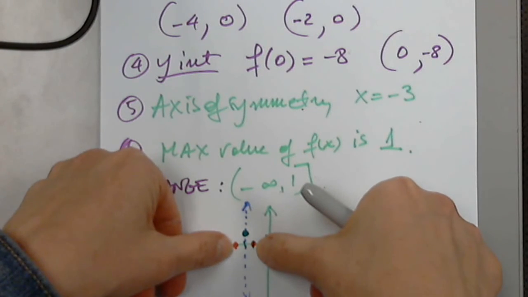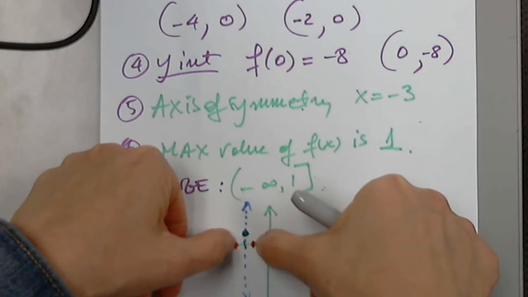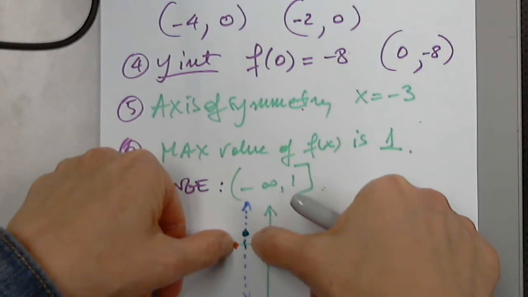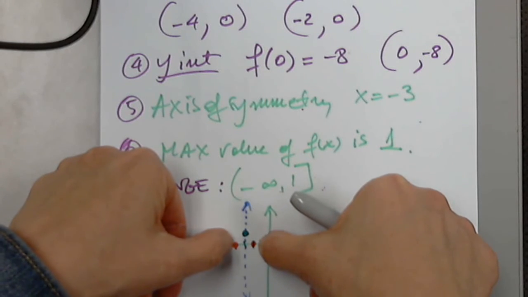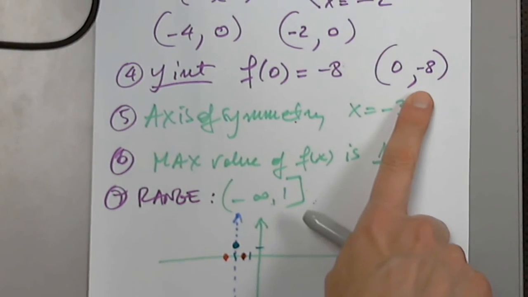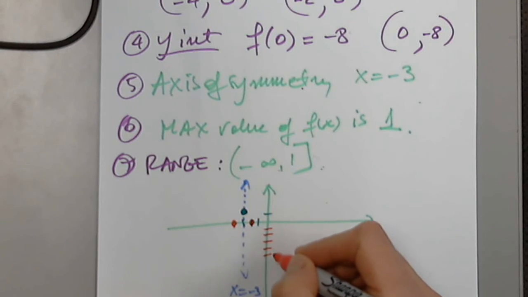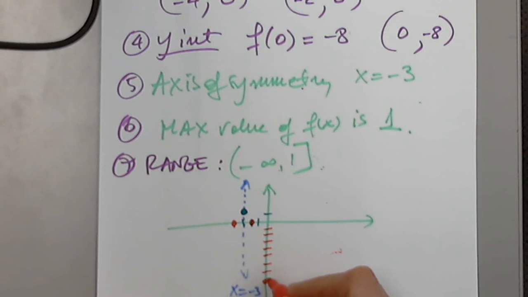Notice that I would have had a mistake here if these two were not symmetric. If this were, for example, at -1 and this one at -4, I would have said, whoops, something is wrong. And then I have to plot the y-intercept: 1, 2, 3, 4, 5, 6, 7, 8.